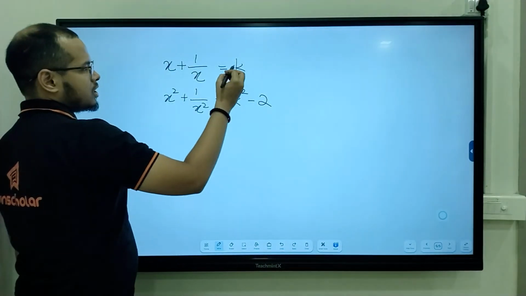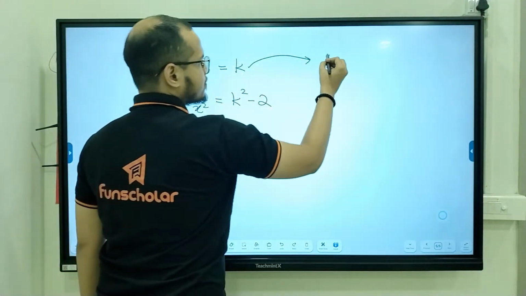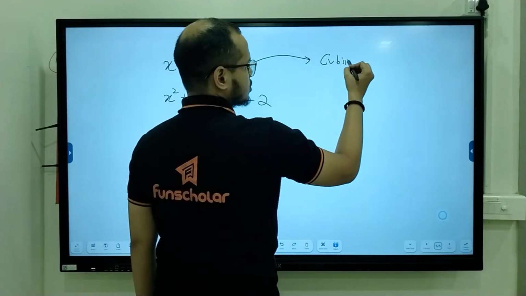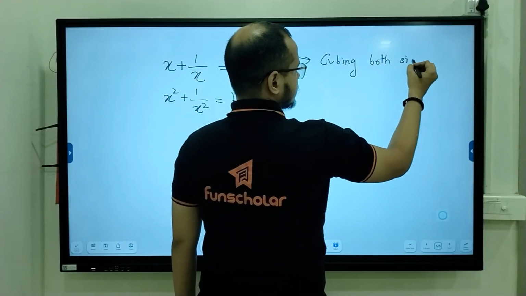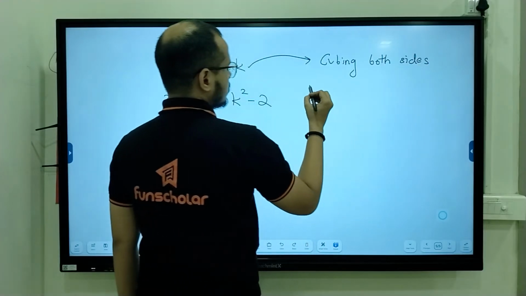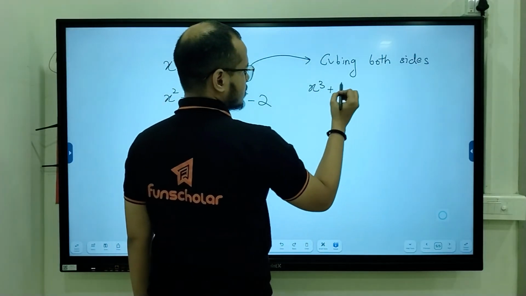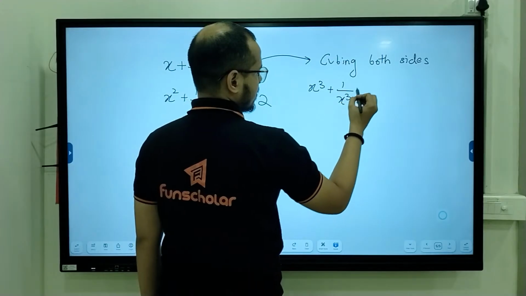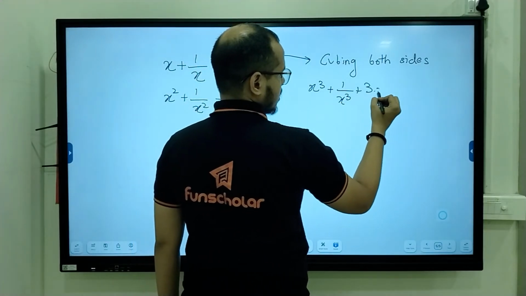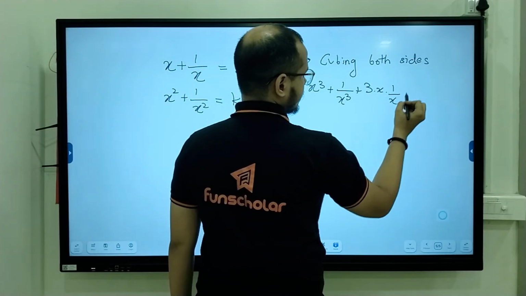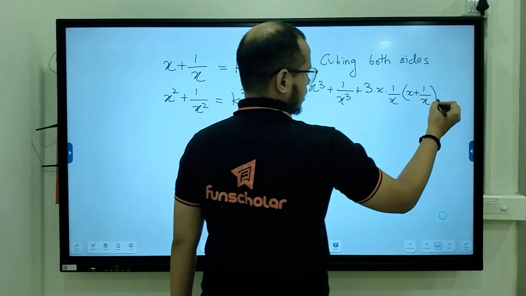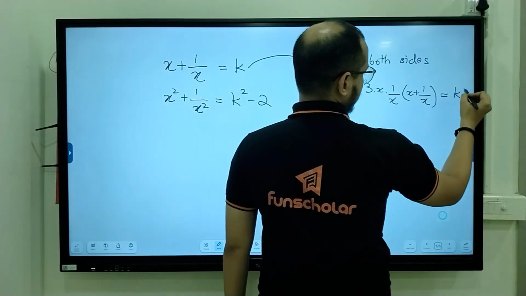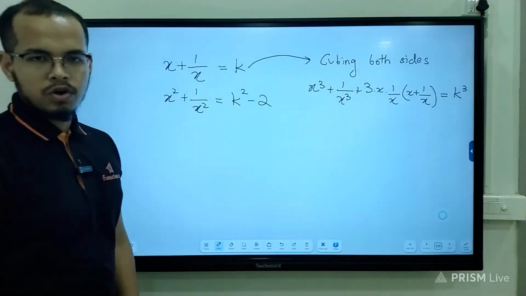But if I'm cubing both sides, then we are getting x cube plus 1 by x cube plus 3(x plus 1 by x) is equal to k cube. This is what we have got, right?